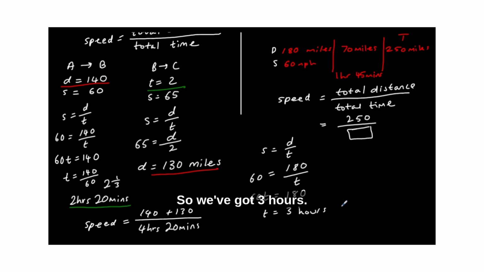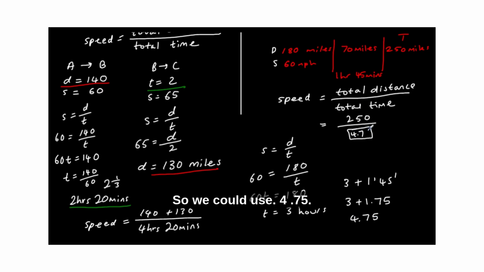So we've got 3 hours and 1 hour 45. So the total time is 3 plus 1 hour 45 minutes. Or we could say 45 minutes is 3/4 of an hour. So in hours, it's 4.75.